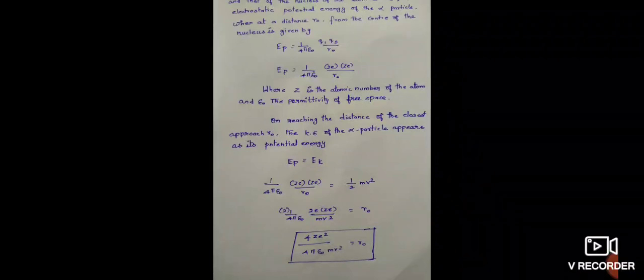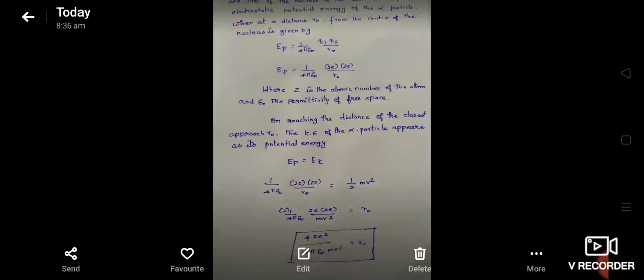By rearranging the equation, we determine the value of r0, the distance of the closest approach. The value of r0 is equal to 1 divided by 4 pi epsilon naught 4 Ze square by half mv square. This is a very expected and important 5 mark question, distance of the closest approach.